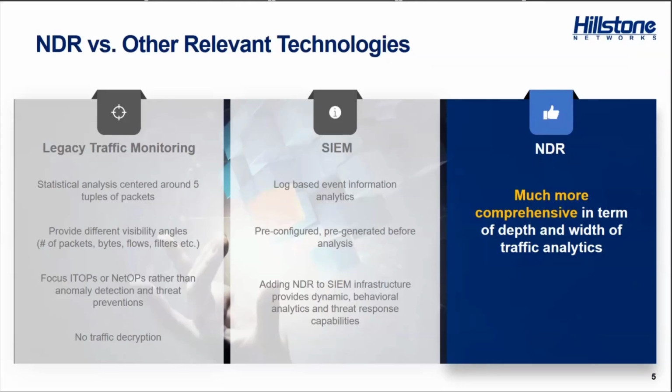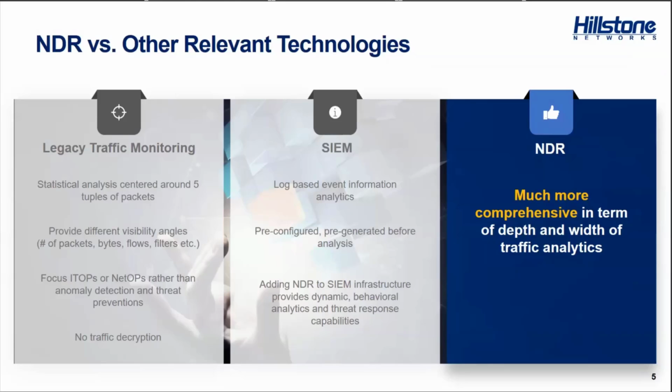So mostly, traditional or legacy traffic monitoring and analysis techniques center around these 5-tuples of the packets. And usually it still provides quite comprehensive visibility from different angles. For example, you can see the number of packets coming through certain interfaces on the device, the number of bytes, the number of flows, and we can filter and sort according to applications, packets, source and destination IPs and things like that.